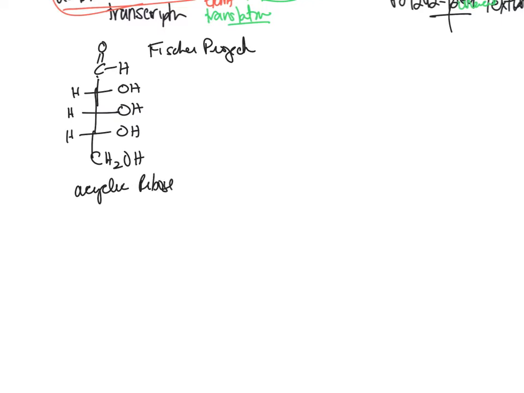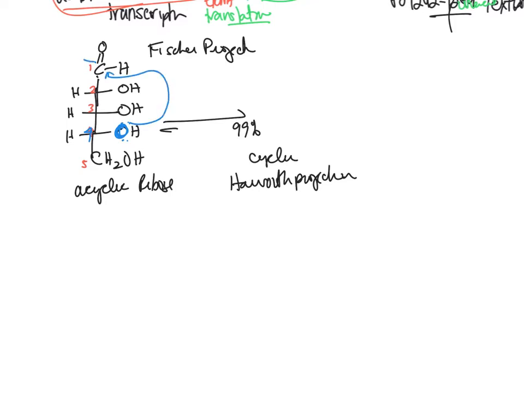Now, in the body, it's in the Haworth projection. And the Haworth projection is the cyclic. So at equilibrium, this is probably 99% cyclic with maybe 1% in the acyclic. So let's number this, 1, 2, 3, 4, 5 carbons. It is the 4th carbon here, this oxygen, that will nucleophilically attack that carbonyl and will make a hemiacetal.